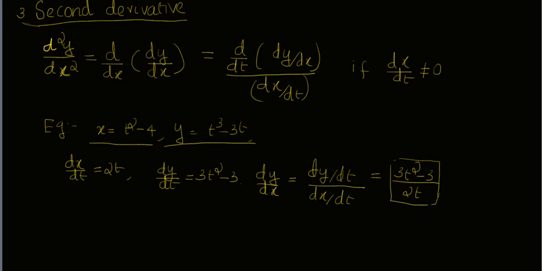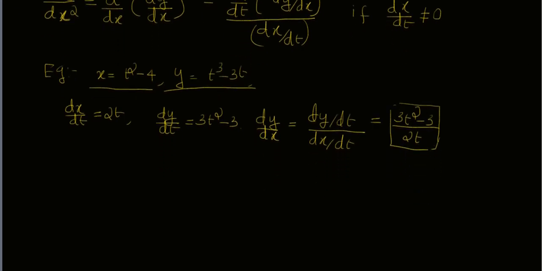Next we have to find d by dt of dy by dx, which implies d by dt of 3t square minus 3 divided by 2t. We have to use the quotient rule.